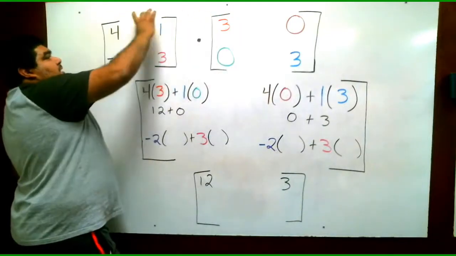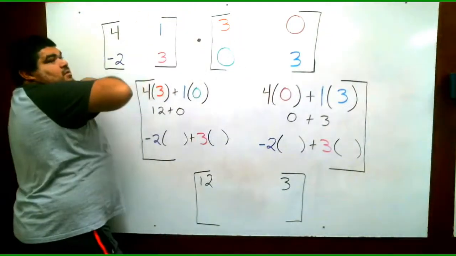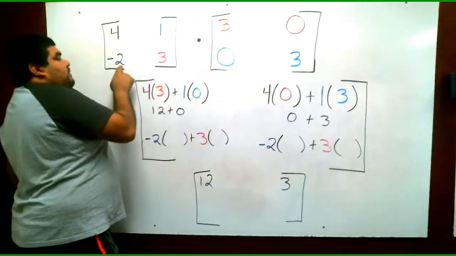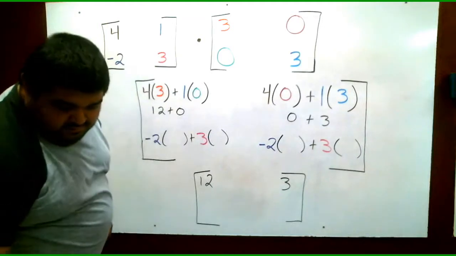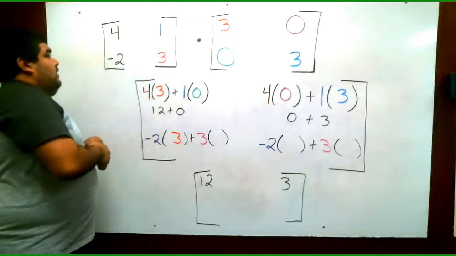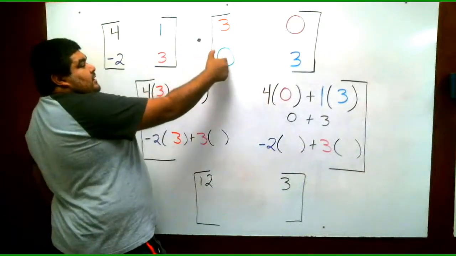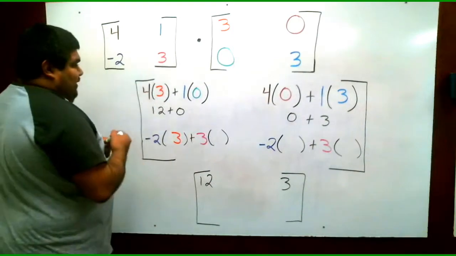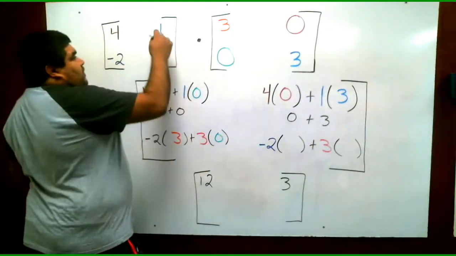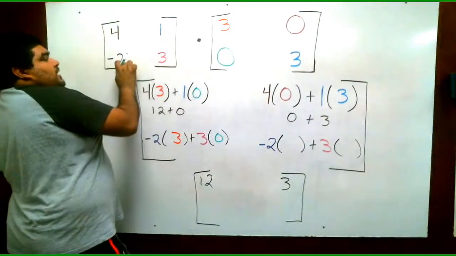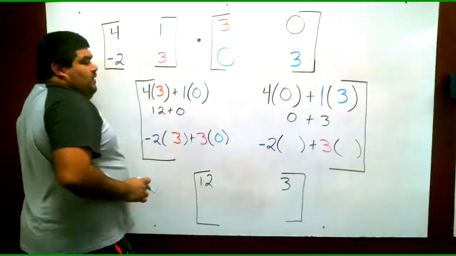We're going to repeat the same pattern, but this time with the bottom ones: negative 2 times 3, and then 3 times 0. Because remember, it was 4 times 3, 1 times 0. So the same pattern with the bottom: negative 2, 3, 3, and 0.